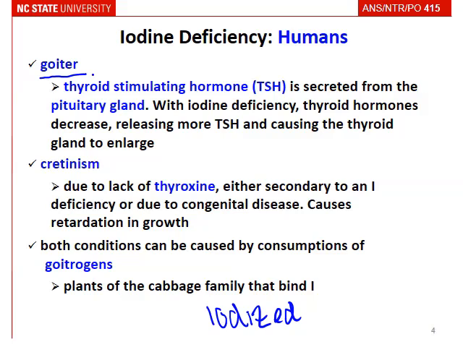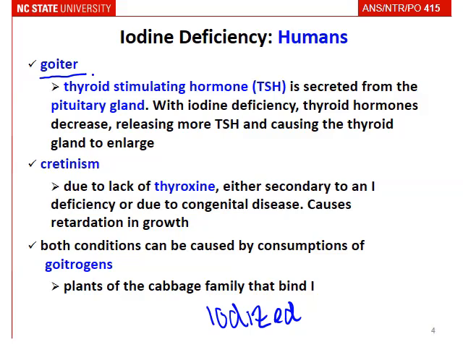Salt is put in a lot of food, so the government came up with the idea: if we incorporate iodine into the salt, which is commonly used in all cultures, then we'll be able to reduce the amount of goiters, and that's basically what happened. So in the U.S. especially, we have pretty much eliminated all cases of iodine deficiency and the formation of goiters.